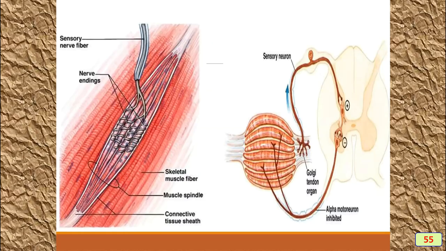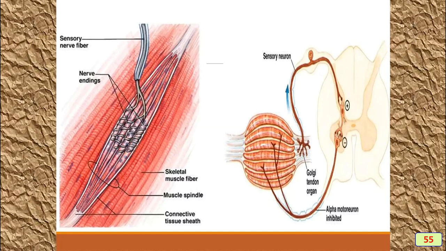So the sensory nerve fiber is going to bind with the nerve endings and release acetylcholine. Then the muscle fiber has a connection with the sensory or afferent nerves, which carry pain or any other threshold signal from the particular site of action to the brain.